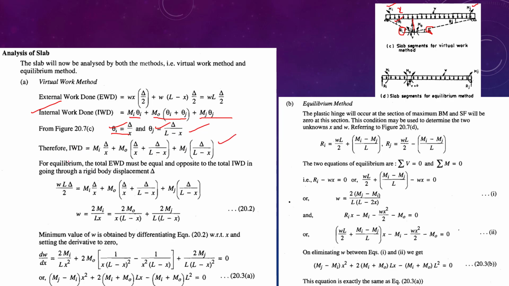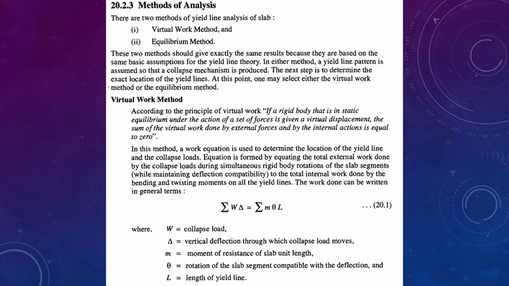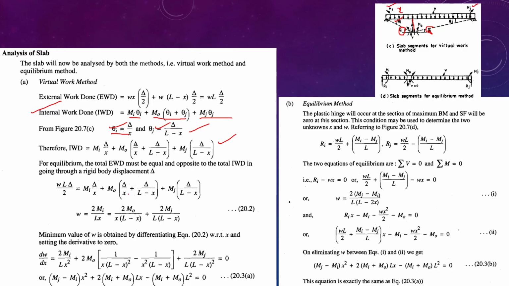Then we know that in the virtual work method, total external work done is equal to total internal work done. So we are equating W into L into delta by 2 to the right hand side.